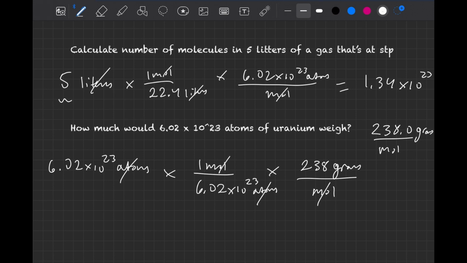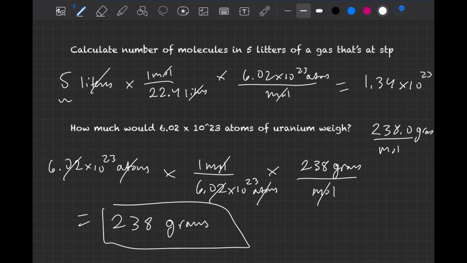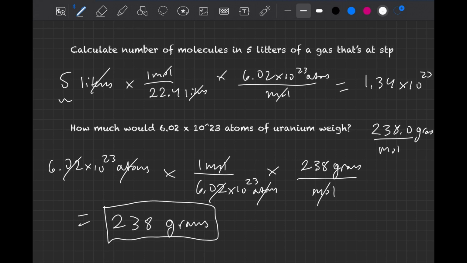So the moles cancel, and you're going to see that this is just going to be 238 grams. And that's our answer. Which makes sense because we know that 1 mole is 6.02 times 10 to the 23, and the mass on the periodic table is representing the mass of 1 mole, or 6.02 times 10 to the 23 atoms.